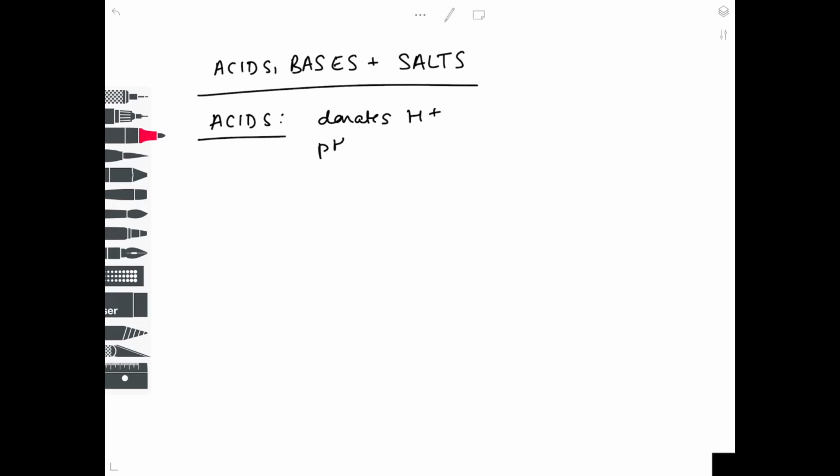It has a pH of less than or equal to 6, because remember pH 7 is neutral. And because of this low pH, remember it turns litmus paper, which is a type of indicator to show how acidic or alkaline a substance is, red.